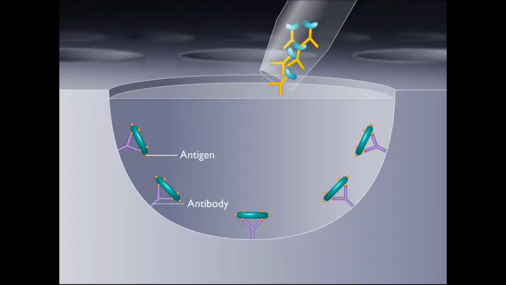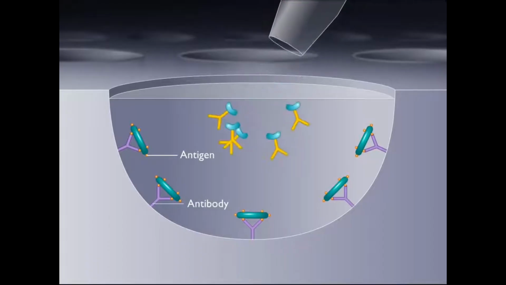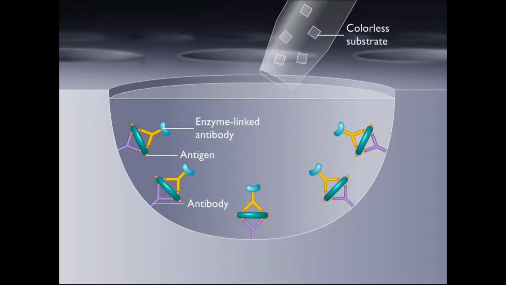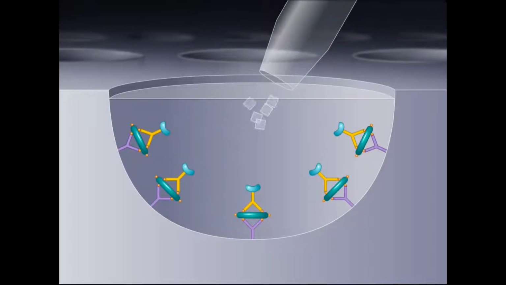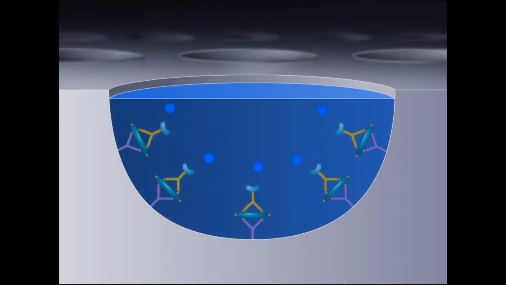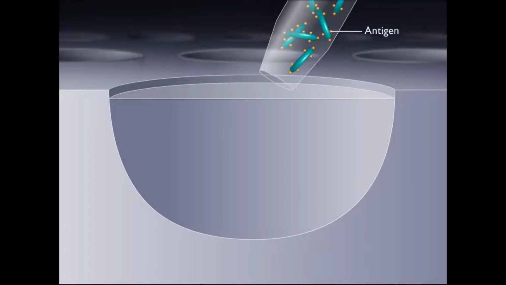So ELISA is a biochemical technique used mainly in immunology to detect the presence of antibody or antigen in a sample. So it is a plate-based assay designed for detecting and quantifying substances such as peptides, proteins, antibodies, and hormones. In ELISA, an antigen must be immobilized on the solid surface.